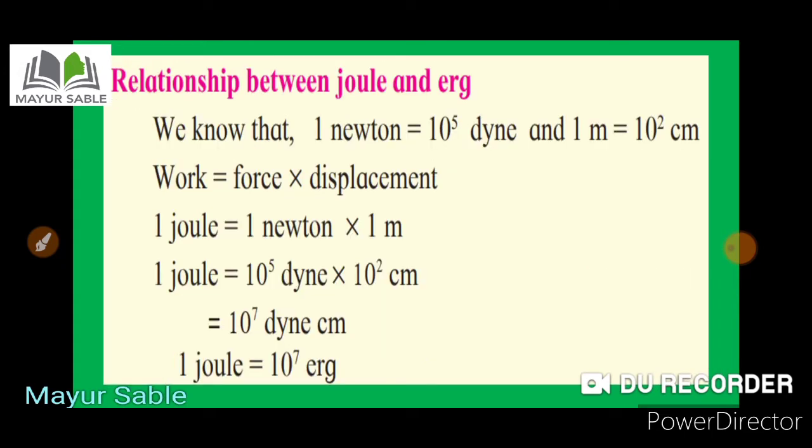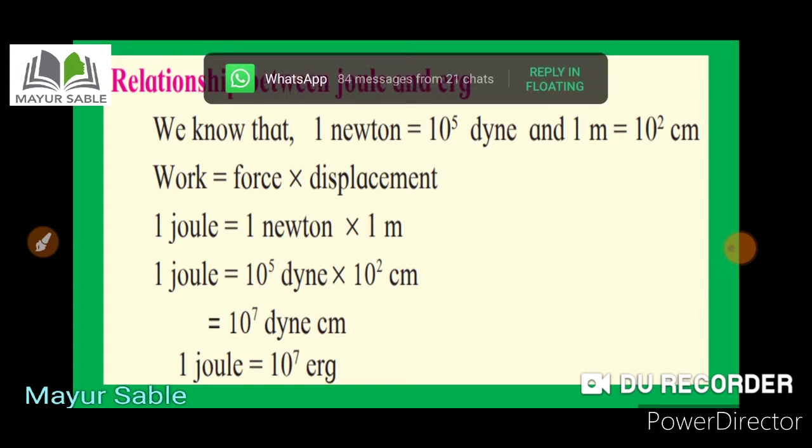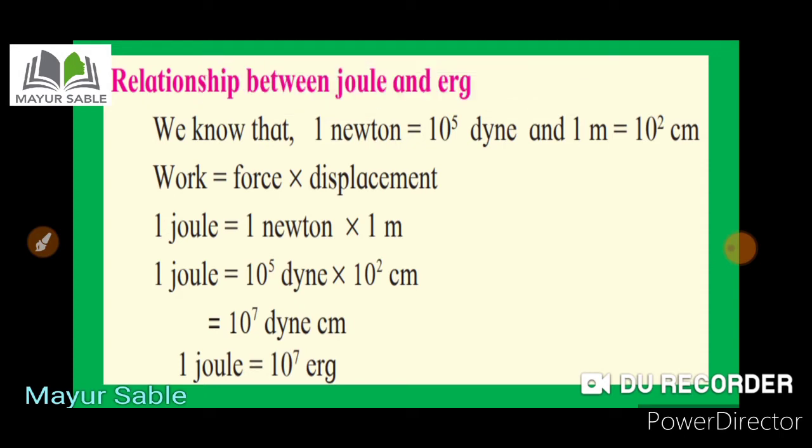Now, what is the relationship between the joule and erg? We know that 1 Newton is equal to 10 raised to the power 5 dyne, and 1 meter is equal to 10 raised to the power 2 centimeter. Work is force into displacement.